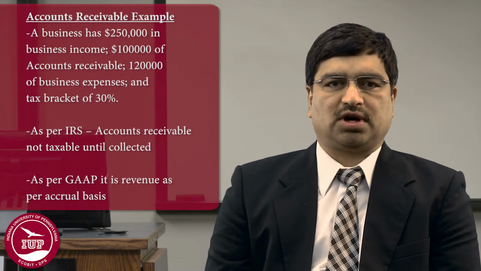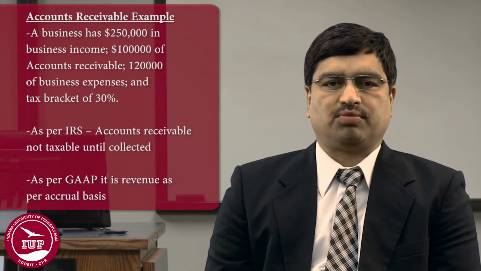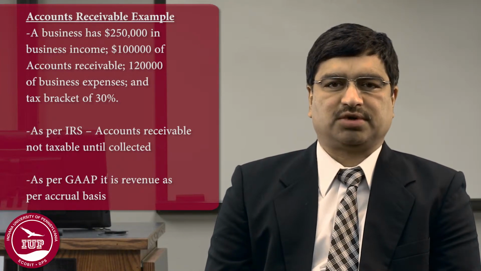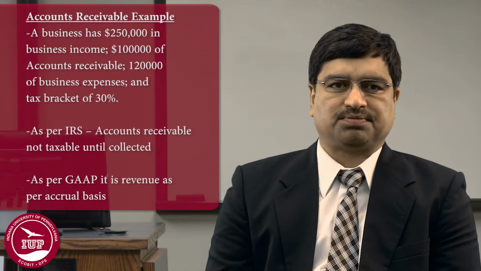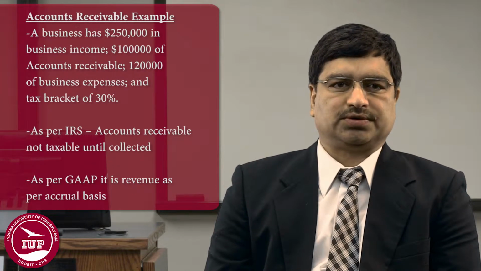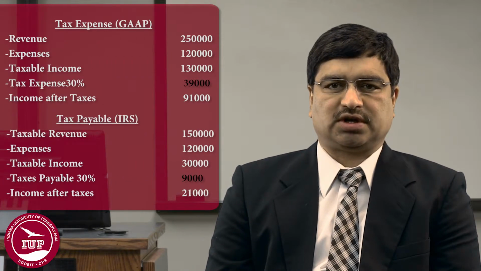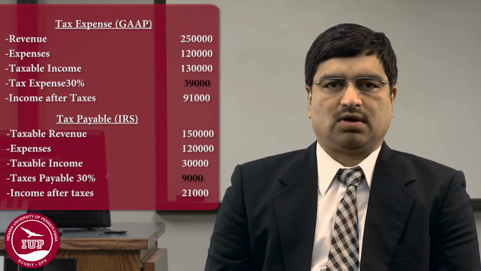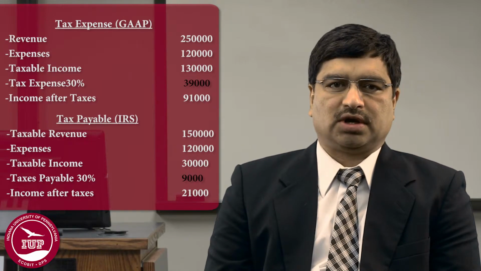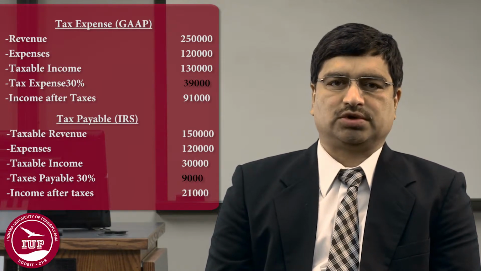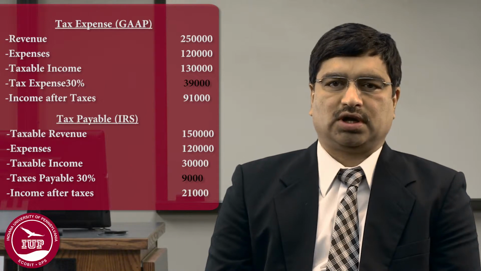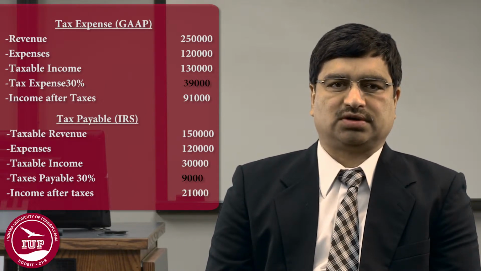So in this particular example, if we compute the income and expenses as per the two methods, it would appear as follows. You've got the revenue, which is $250,000, and expenses at $120,000. But if you look at the IRS income, it does not recognize the receivable, so the taxable revenue is only $150,000, although the expenses are $120,000.